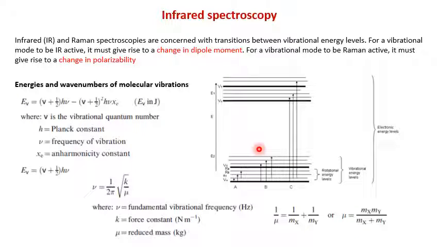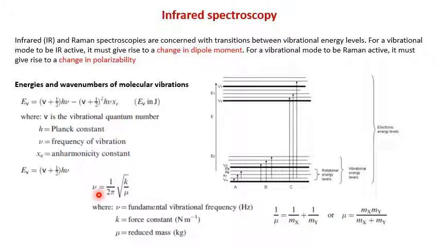Now for a diatomic molecule, the transition of the vibrational energy level from the ground state v = 0 to the first excited state v = 1 gives rise to a fundamental absorption band. If you derive the equation using this v = 0 to v = 1 transition, the fundamental frequency comes out as ν = 1/(2π) √(k/μ), where k is the force constant, μ is the reduced mass, and ν is the fundamental vibrational frequency.